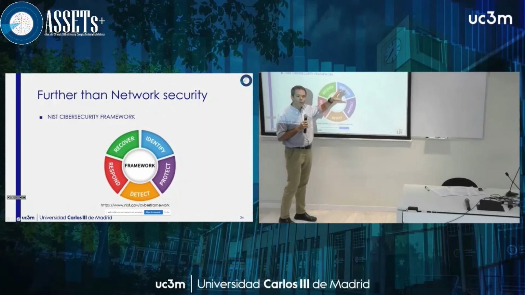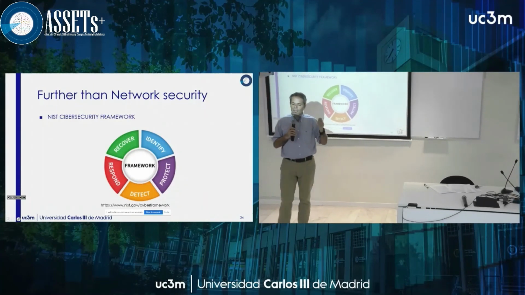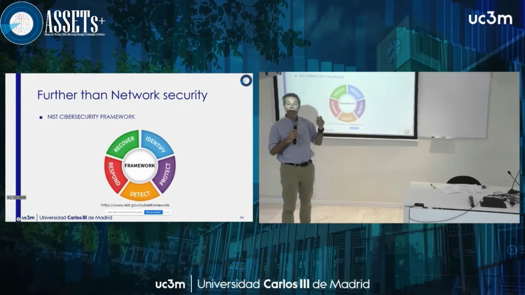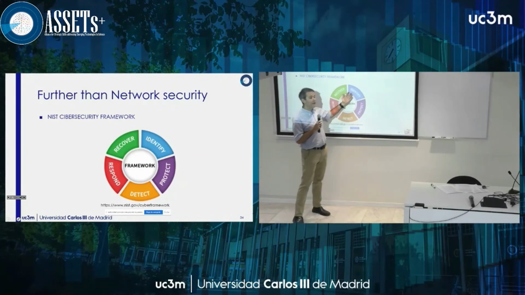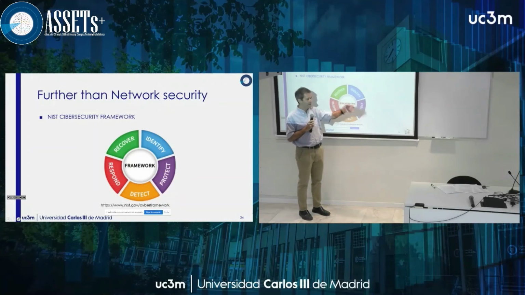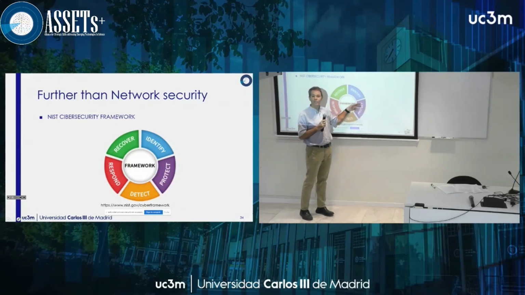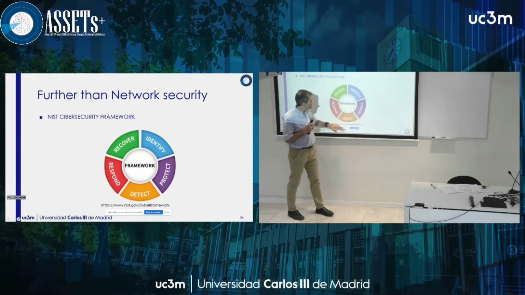Identify: focus on the assets of your company, the vulnerabilities you can find on those assets, and perform a risk analysis to determine the protection you have to apply inside your company. Protect: information security protection, network protection, all the mechanisms you use to avoid attacks.